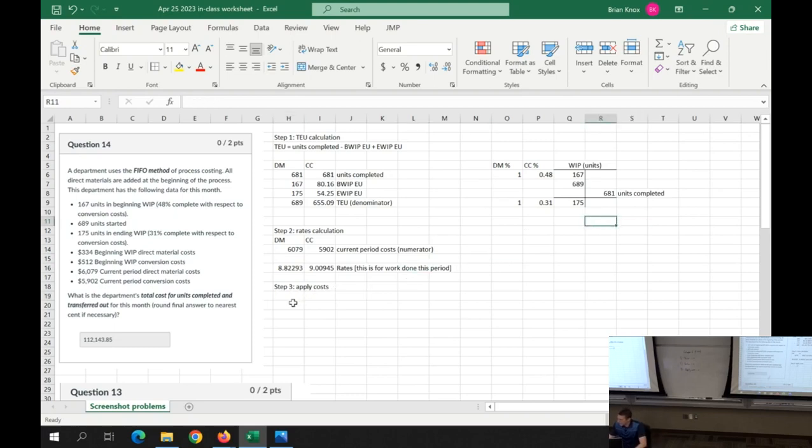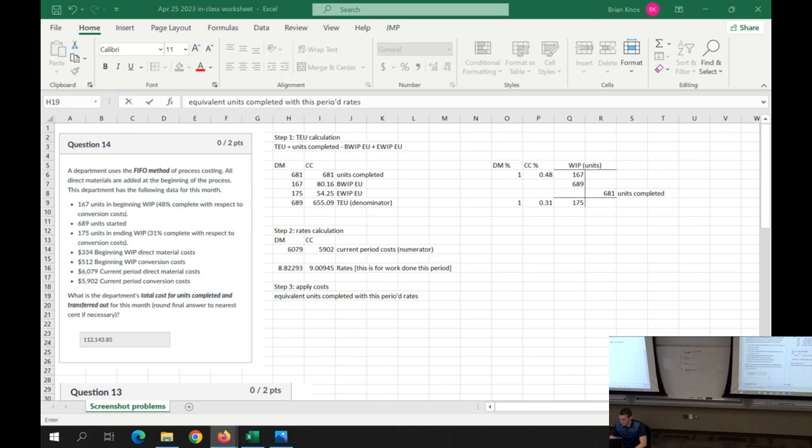The way we do that is nice and simple. We want to figure out equivalent units completed with this period's rates.